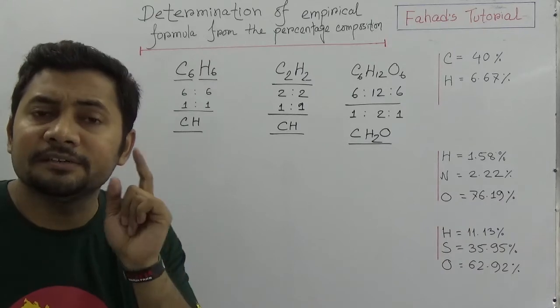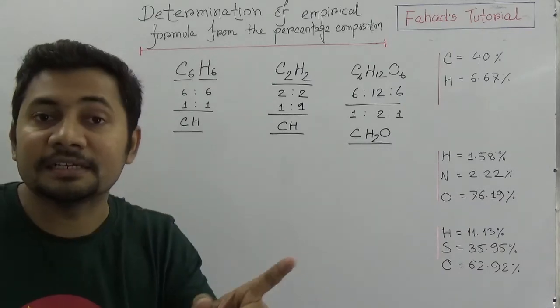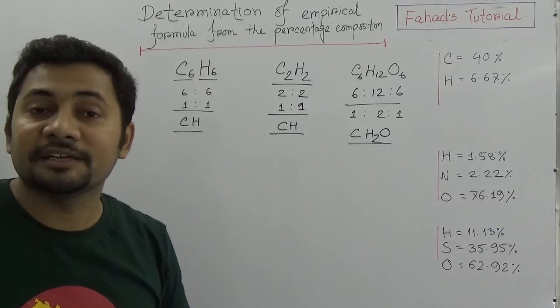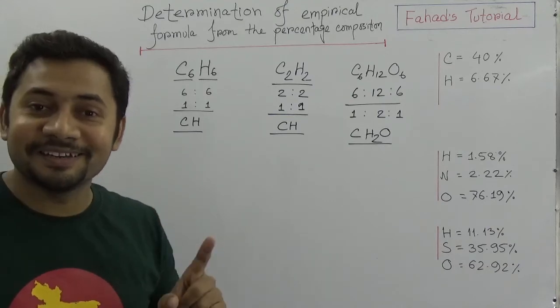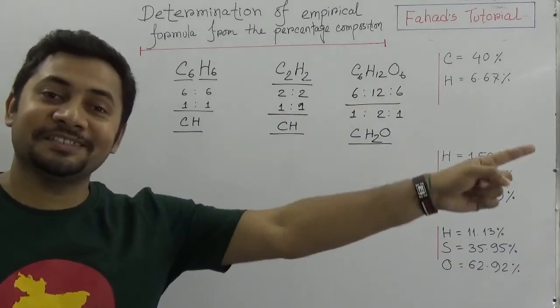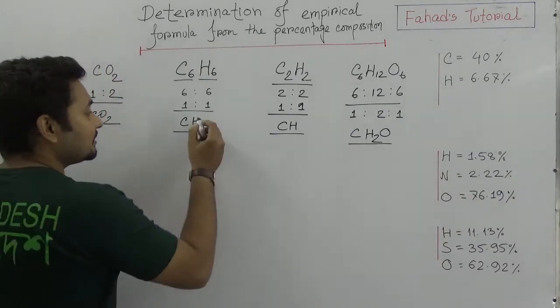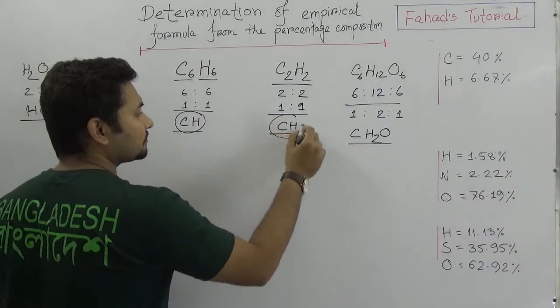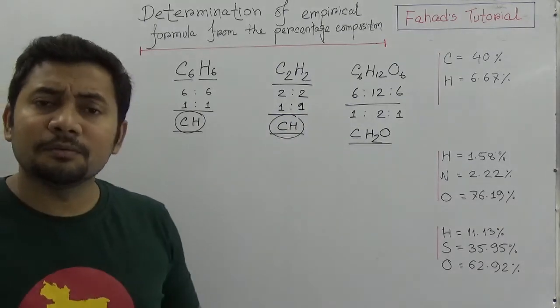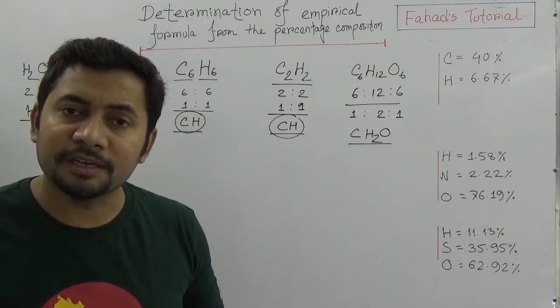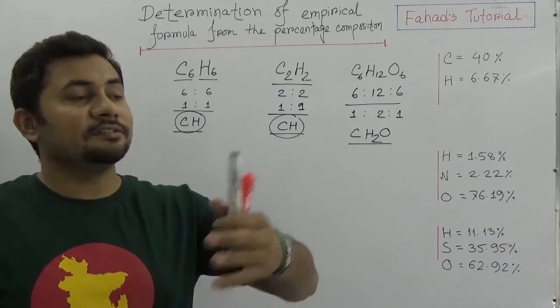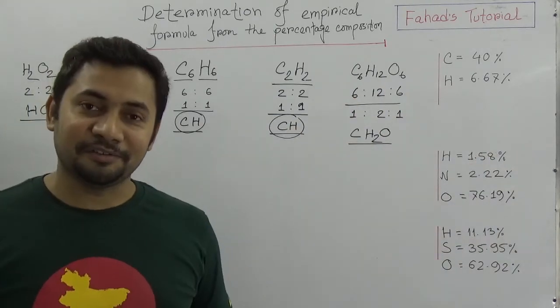And from that concept, we can have another idea: one empirical formula can be the same for different molecular formulas, different molecules. See that CH and CH, same. That means one empirical formula can be used in case of other molecular formulas.